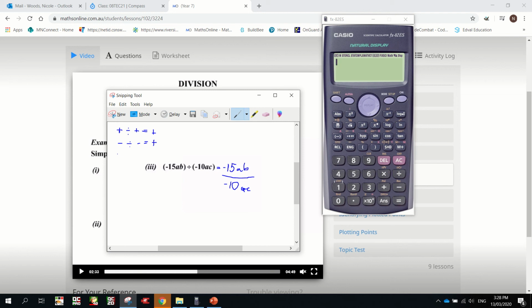The other two combinations, a positive divided by a negative, give us a negative, and vice versa. A negative divided by a positive gives us a negative. Now here we've got a negative divided by a negative, so it'll give us a positive. So we're going to cross these out.